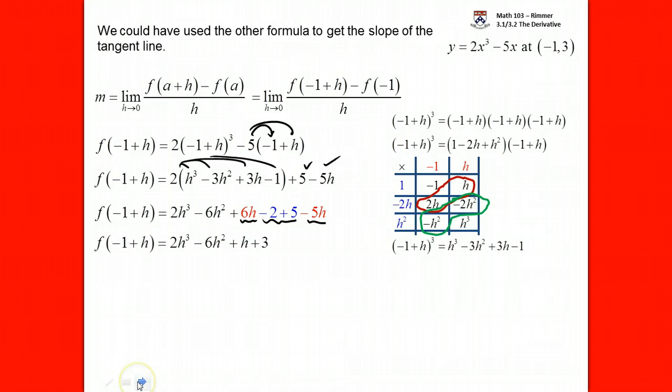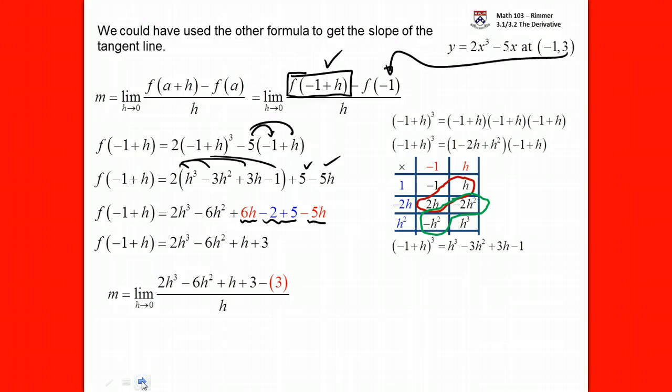What am I supposed to do with that? All of that will take the place of this part of the numerator. From that I subtract f of negative 1, which is 3. And so when I subtract 3, it cancels out the 3. You know you've done it right when what's left over has only h's in it.